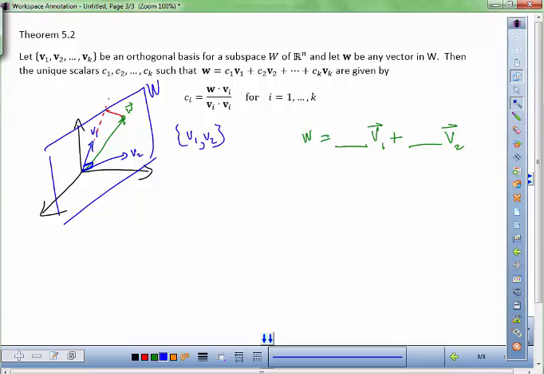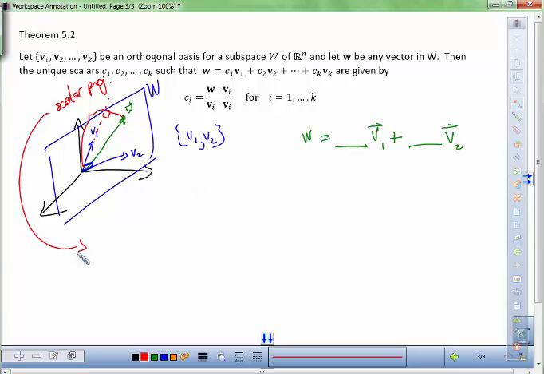So what we need to do is exactly the projection. It's a scalar projection of W onto V1. Given that this is perpendicular over here, project it down, and this length over here is the scalar projection. Which is W dotted with the base that you're projecting on, divided by, I think we called it, the magnitude of V quantity squared, which is the same thing as a dot product.